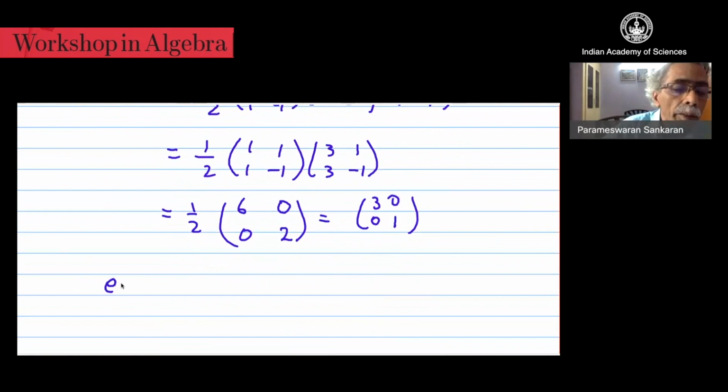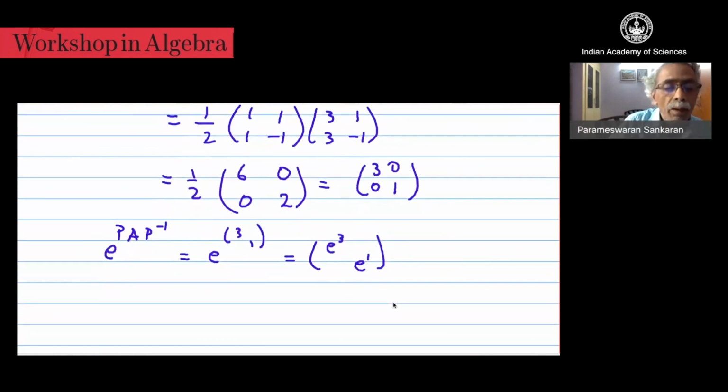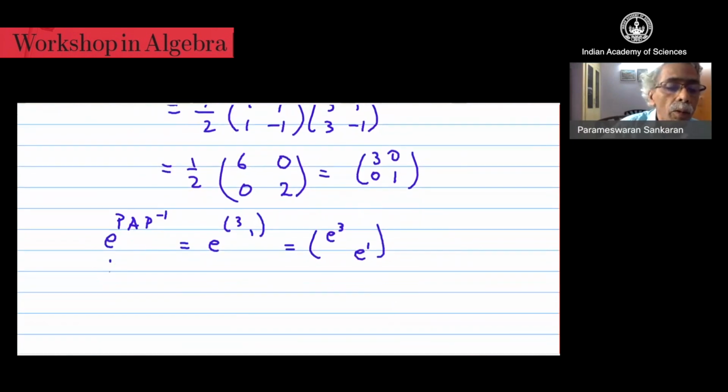So e power PAP inverse, this is easy to compute, is e power of the diagonal matrix 3 1, which is the diagonal matrix e cube, e power 1, which is just e. But on the other hand, this is equal to P e power A P inverse.